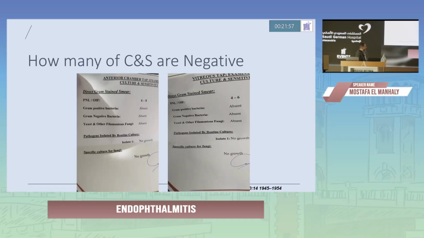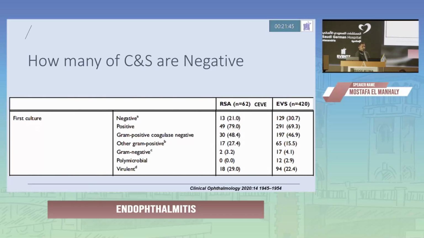If I start empirically with Fortum and vancomycin, for example, here in Egypt, next I would go for amikacin. If I'm still stuck, I would go for vitrectomy and tap and try to get a better culture. These are the main cornerstone studies, the Endophthalmitis Vitrectomy Study and the Complete Early Vitrectomy. Between 20 to 30% of their cultures were negative during the first culturing.